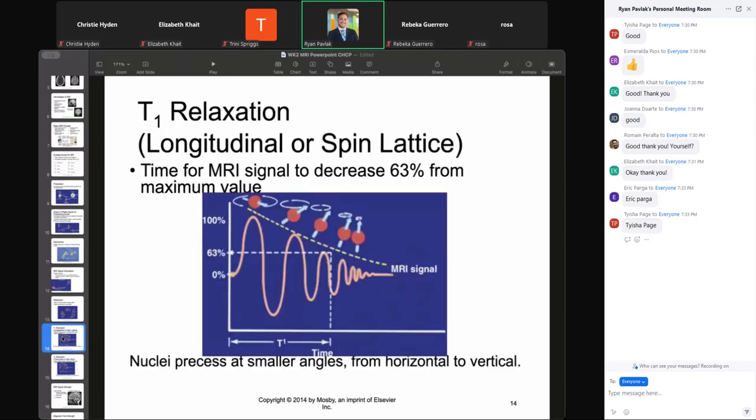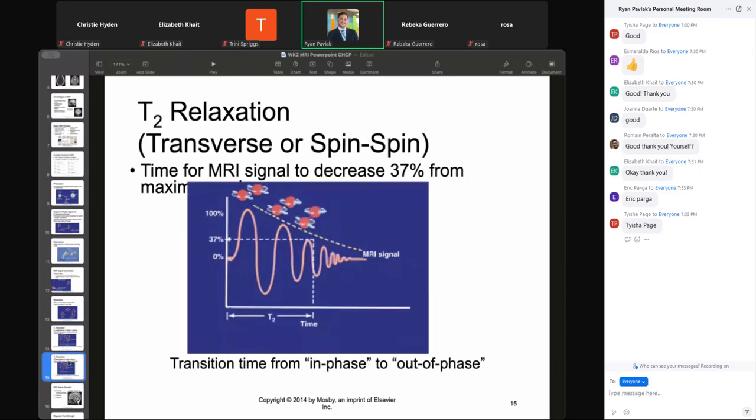Now, there are two different types of relaxations that we're looking at. So T1 relaxation is going to be that longitudinal or spin-lattice relaxation. And really what it is, it's looking at the time that it takes the MRI signal to decrease 63% from the maximum value. Now, these nuclei are going to precess at smaller angles from horizontal to vertical, where the T2 relaxation is kind of the reverse side of it.